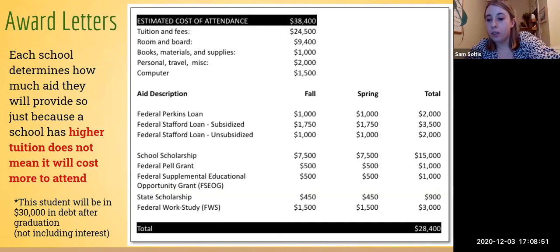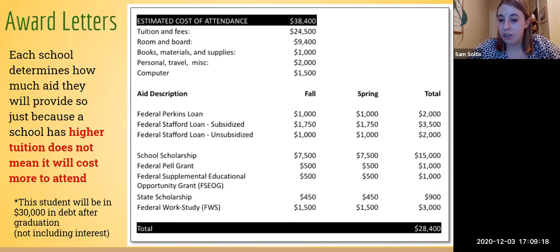So looking a little further, in addition to that $10,000 that they still owe, if we look at only the loans that the student takes out, so let's say it is, in this case, $7,500 just for this year, multiply that by 4 years of attending school, that means that the student will be in $30,000 in debt after they graduate.